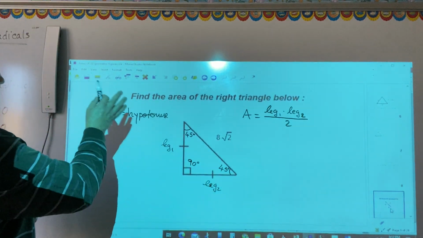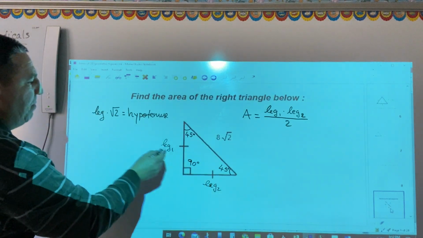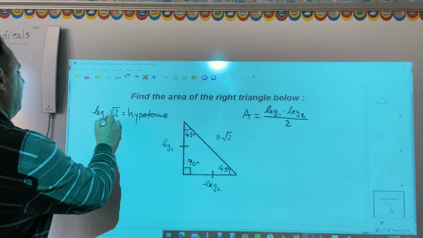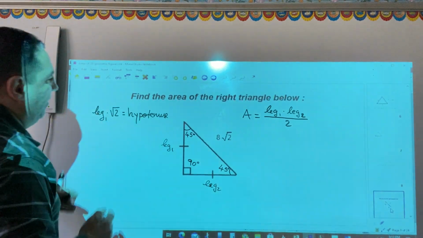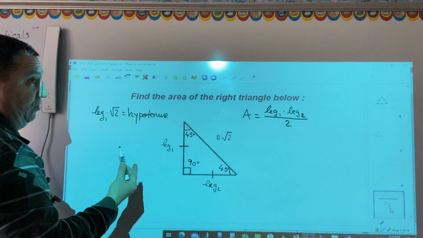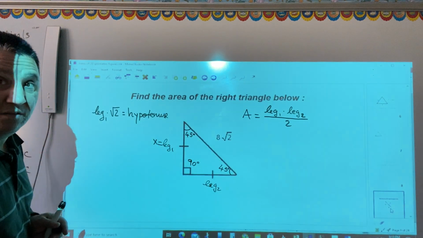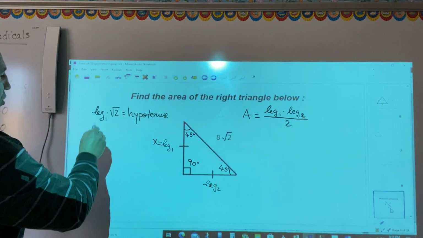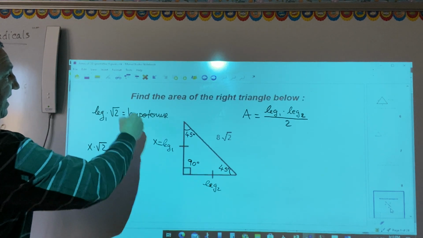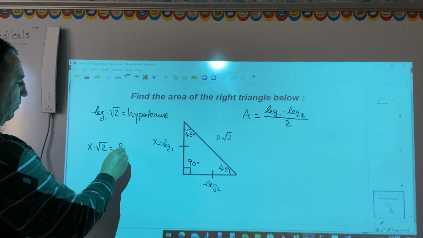Now, because both legs are the same, it doesn't matter which leg is leg 1 or leg 2, right? Let's say leg 1. Now, the leg is unknown, right? We don't know it. Let's denote it by x. So we're going to have x times square root of 2 equals the length of the hypotenuse, which is 8 square root of 2.